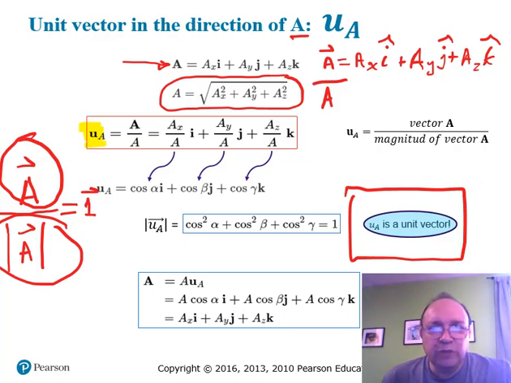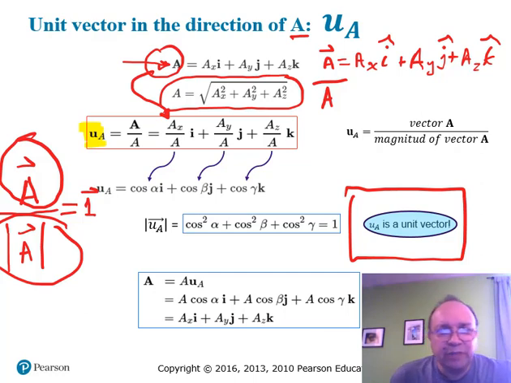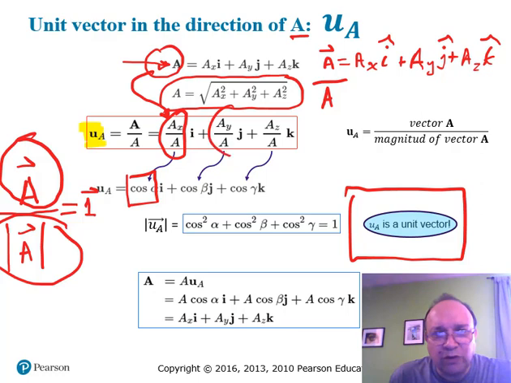If we use this notation of vector A and apply it here, we'll have ax over A i plus ay over A j plus az over A k. We saw in the previous page that ax over A is the cosine of alpha, ay over A is the cosine of beta, and az over A is the cosine of gamma.